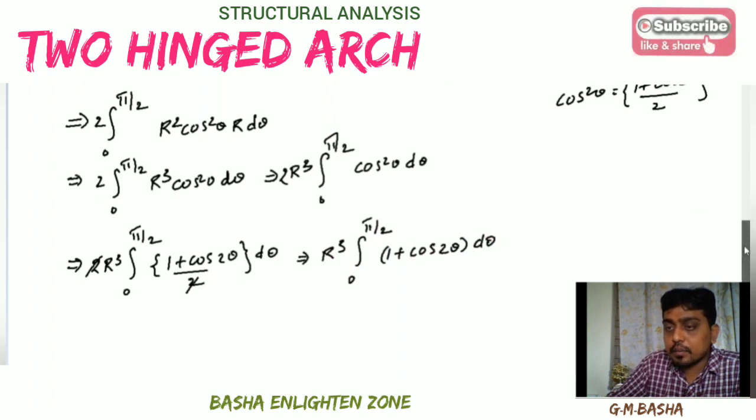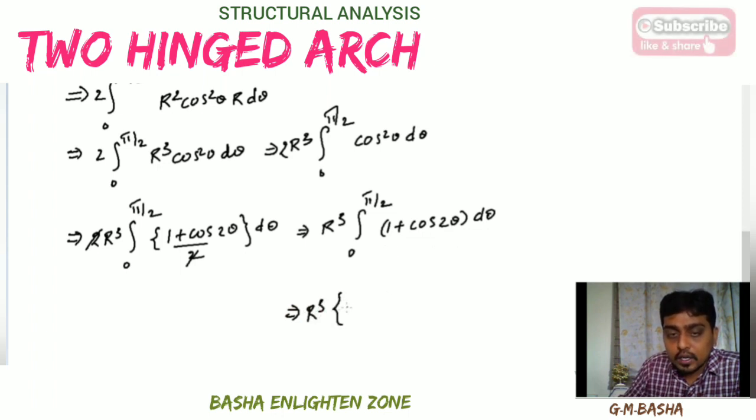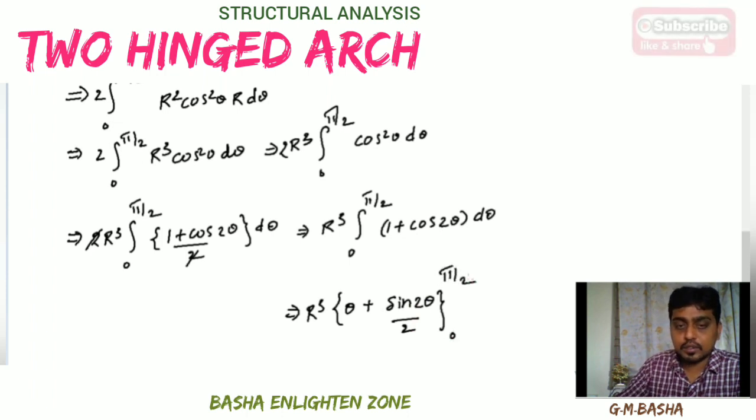Then for this step you have to apply direct integration. That one will be equal to r cube. So 1 into d theta, theta, plus integral of cos 2 theta means sin 2 theta by 2. So we are applying limits of 0 to pi by 2.